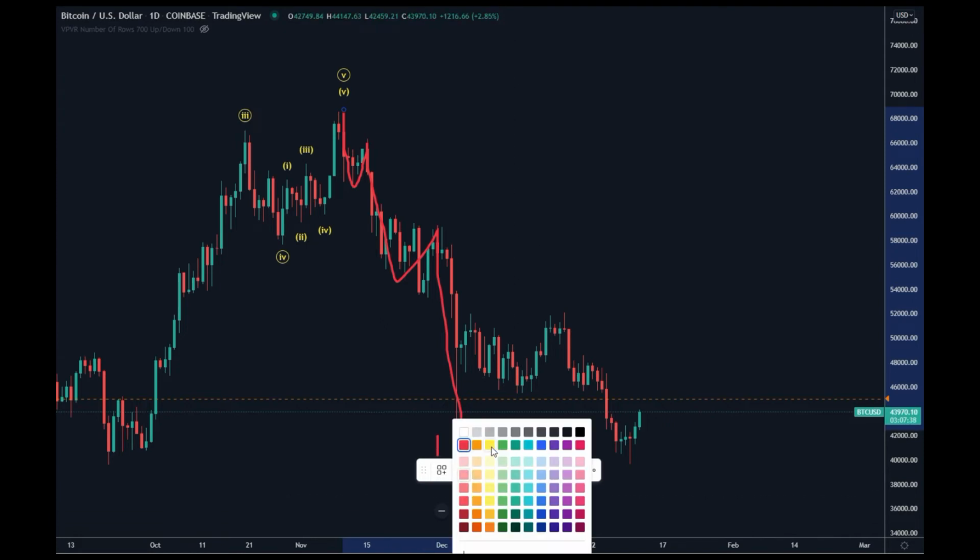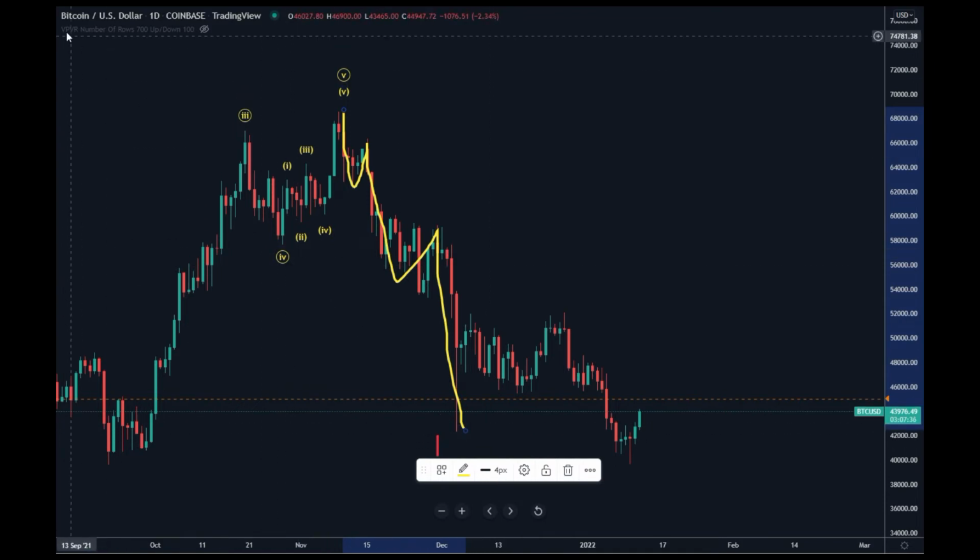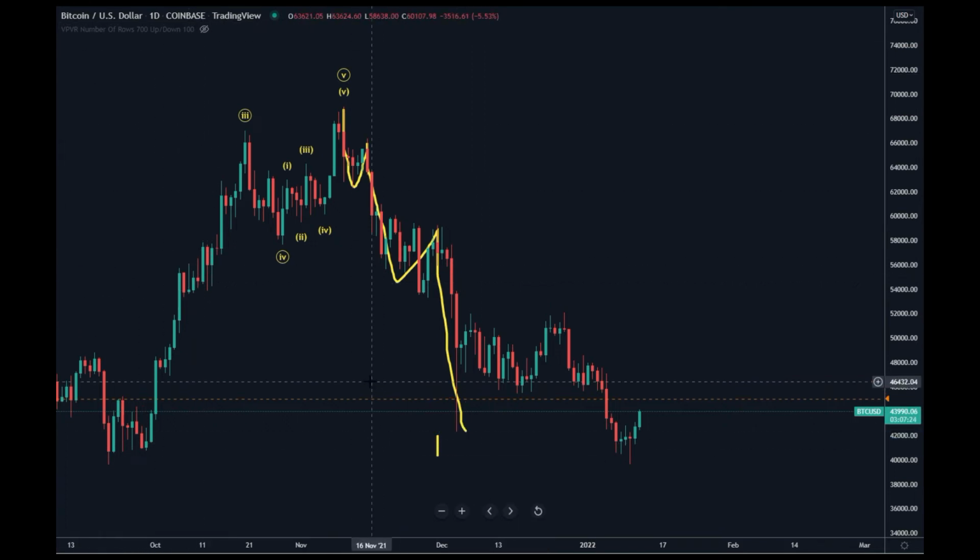A lot of Elliott wave practice involves the right look. There's a whole chapter about it if you read the book by Frost and Prechter that goes into the right look of what's supposed to happen, and that does not look like an impulse wave.